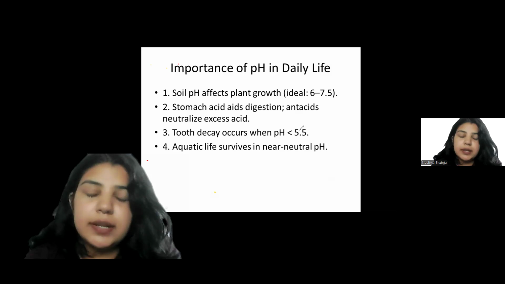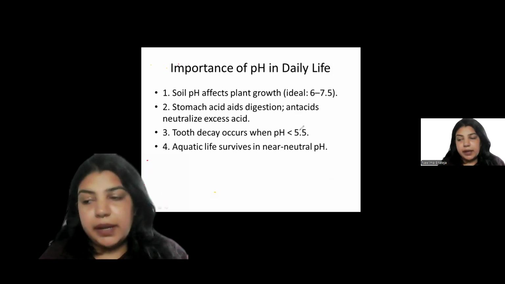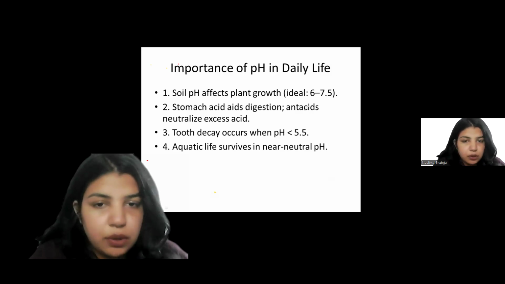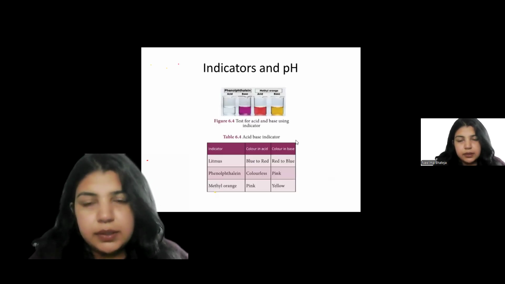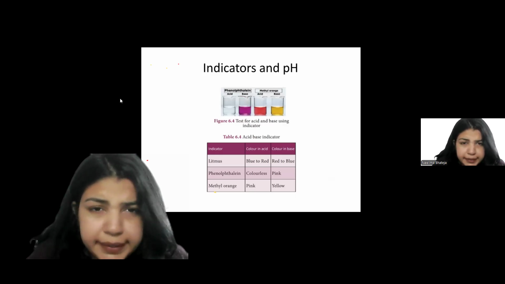So how do you recognize whether you have a base or an acid? By pH paper. Okay, let's move towards the next topic. This is all about pH. The next is indicators. What are indicators?